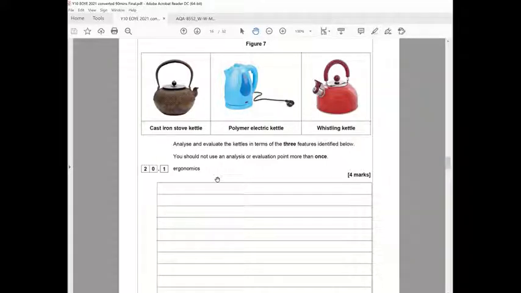What I think it wants is discussion in regards to each one of these headings: ergonomics, function, and whatever the other one was, innovation, I think. And then it wants a little evaluation at the end to say, in regards to ergonomics, I feel the polymer electric kettle was by far the best because of the points I've made previously. But very few people summarized at the end what they were doing.